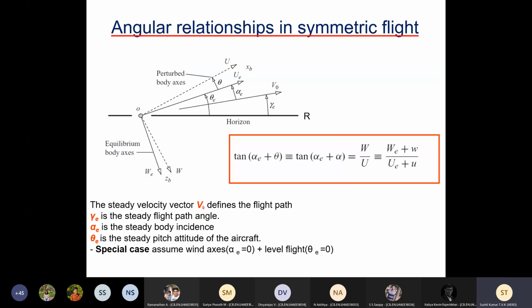Now some relationships in the longitudinal plane. First is the horizon. With respect to Earth's horizon, you assume Earth to be flat, with all those assumptions. Gamma e is the flight path angle.